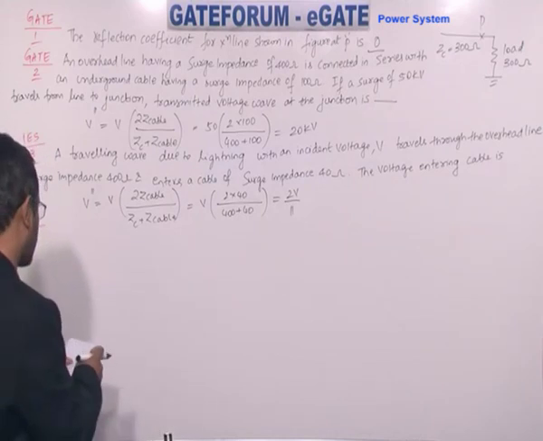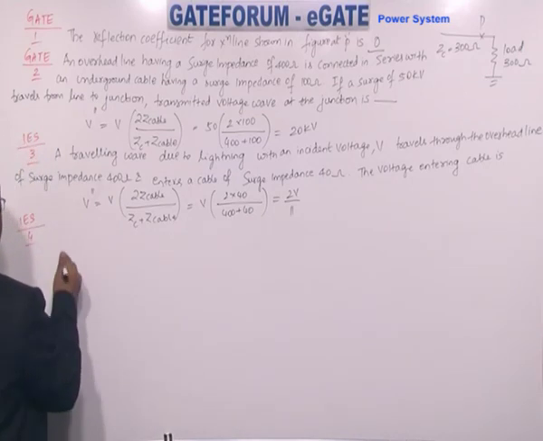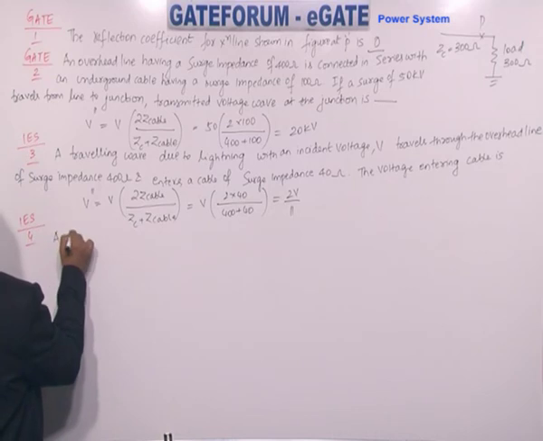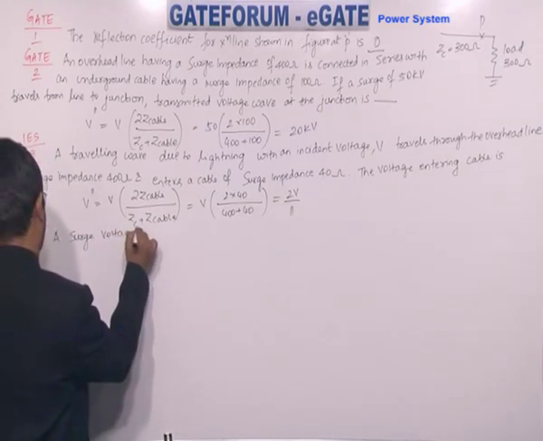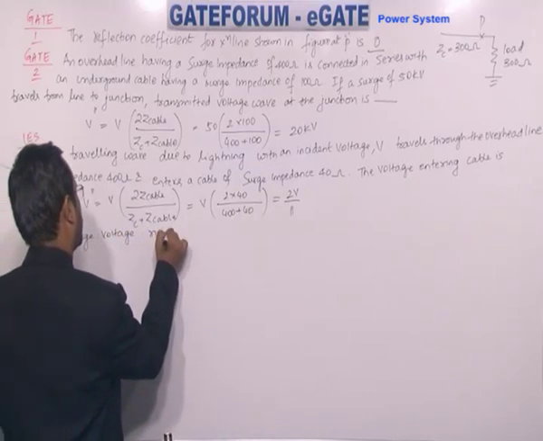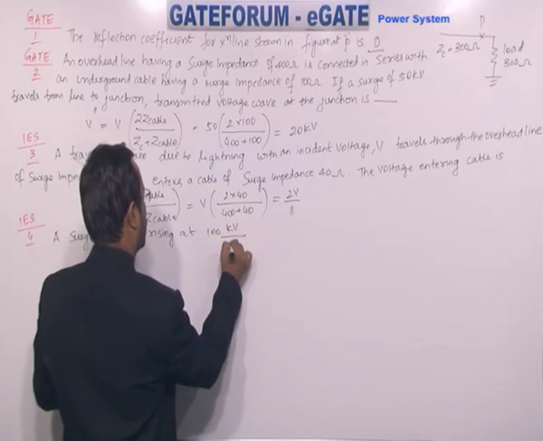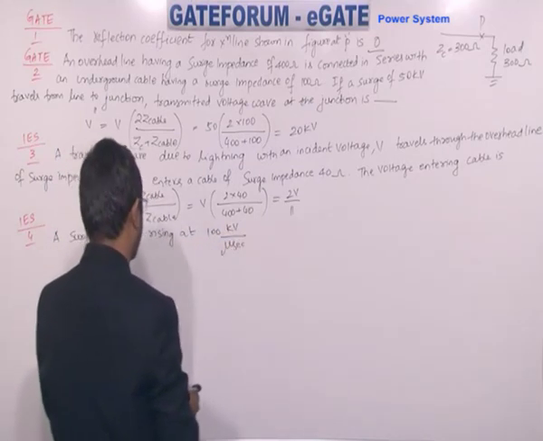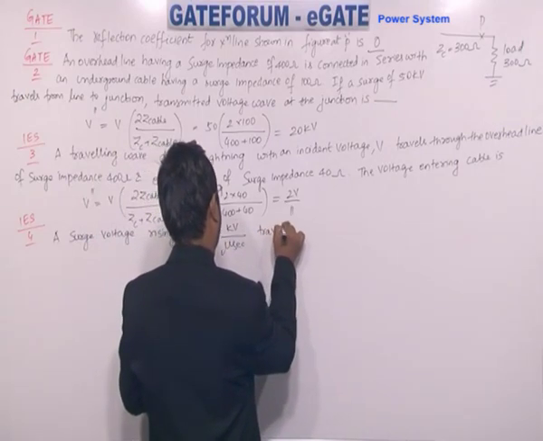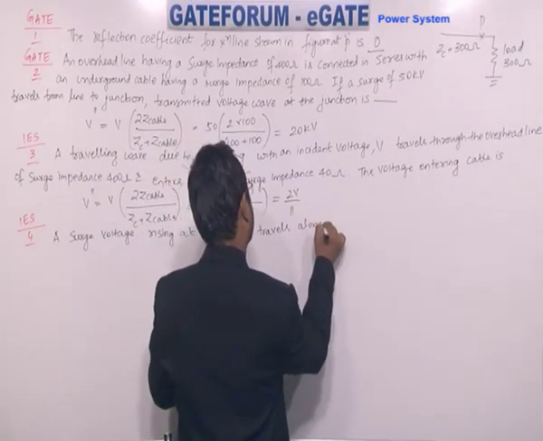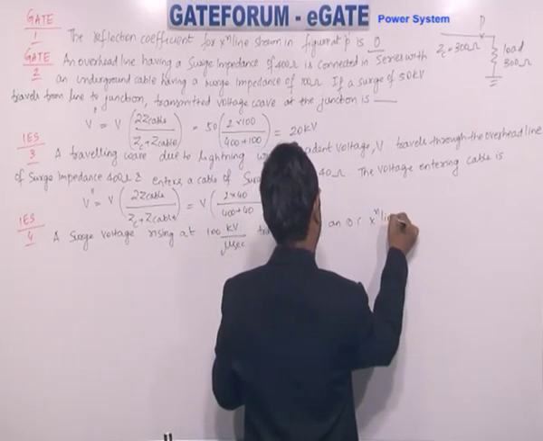Now we solve this next question. This is also from the GATE IES question paper. A surge voltage rising at 100 kV per microsecond travels along an open circuited transmission line.